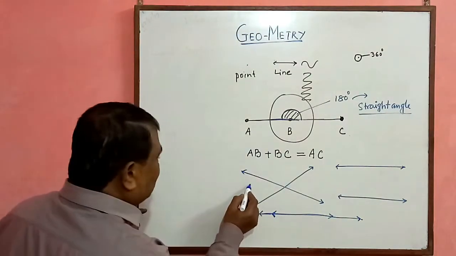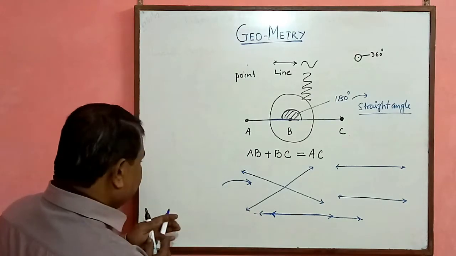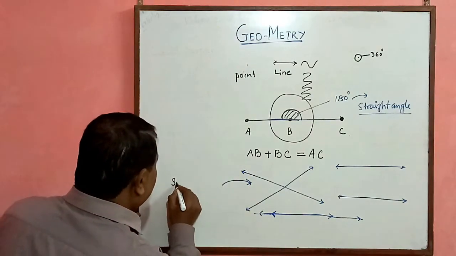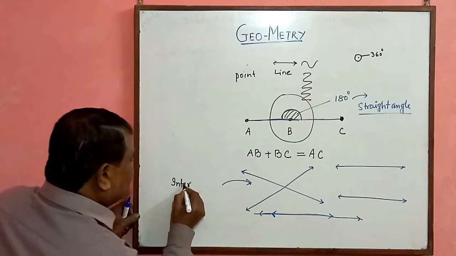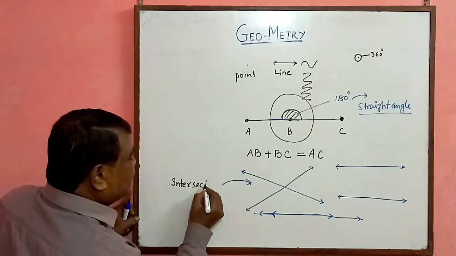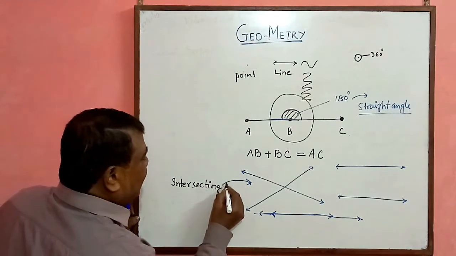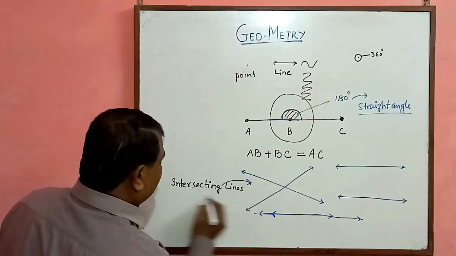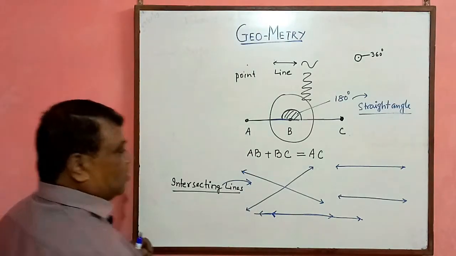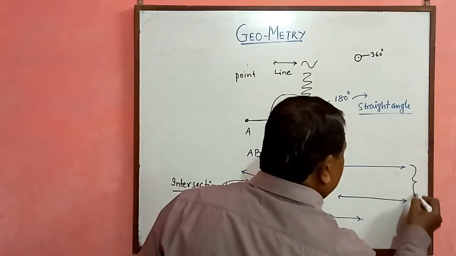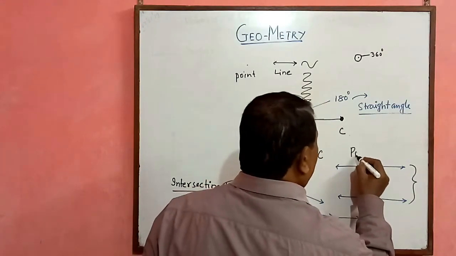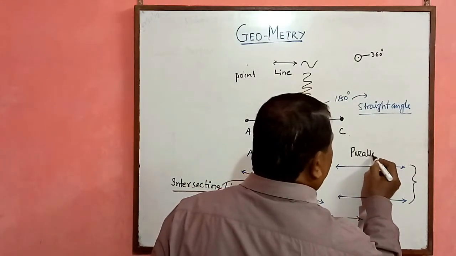Number one, this is known as intersecting lines. These are known as parallel lines because they will never meet together.